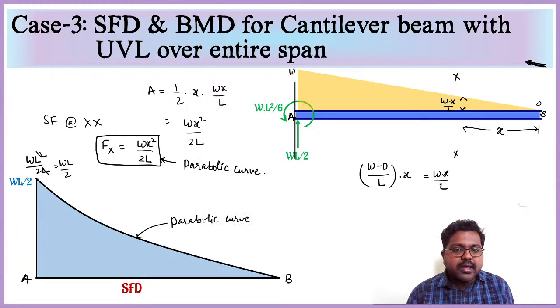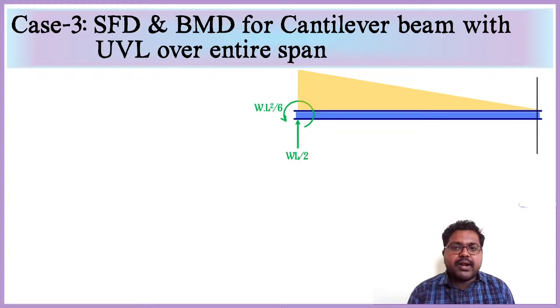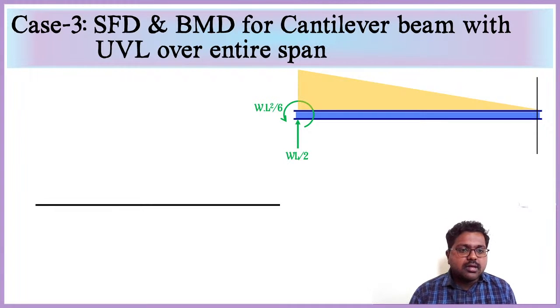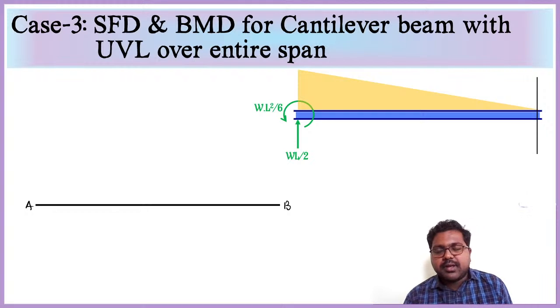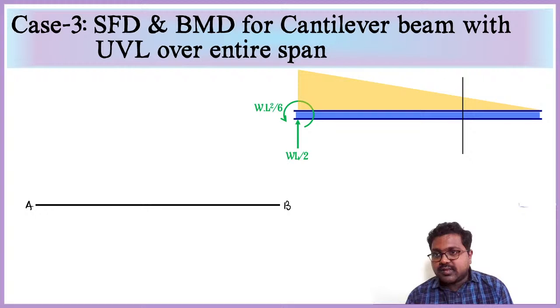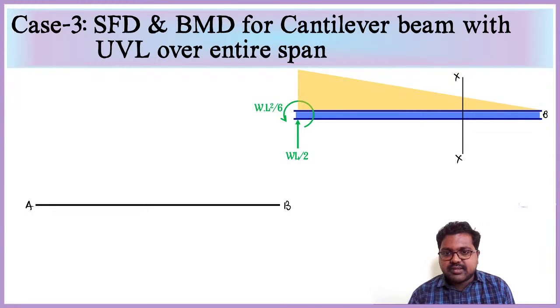Then next, if we go for bending moment diagram, again I am taking the AB baseline. Now I am considering the section XX. Since at B on right hand side nothing is there, we will leave it and take the bending moment as 0.